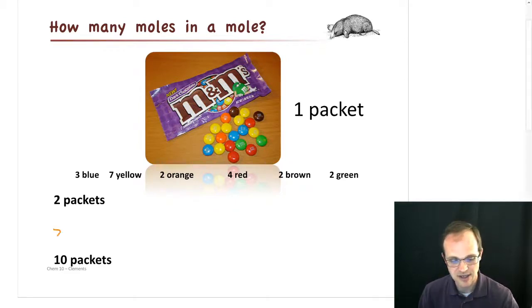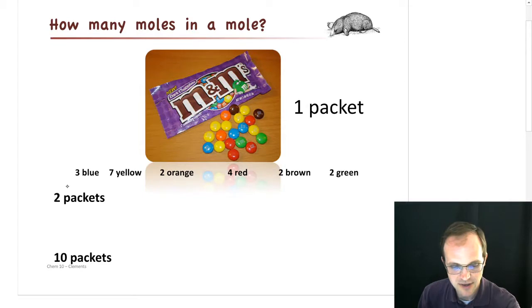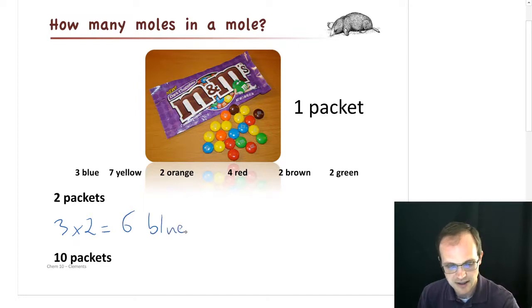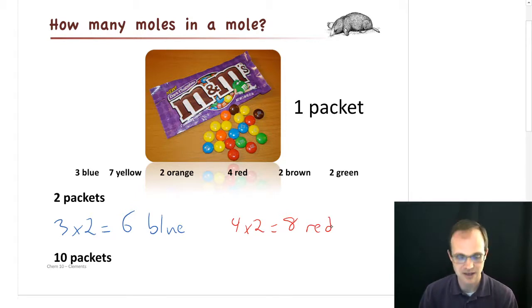I get 3 times 2 equals 6 blue. I don't really have yellow, so let's skip to red. I get 4 times 2 is 8 red, and we could do that for any of the colors.